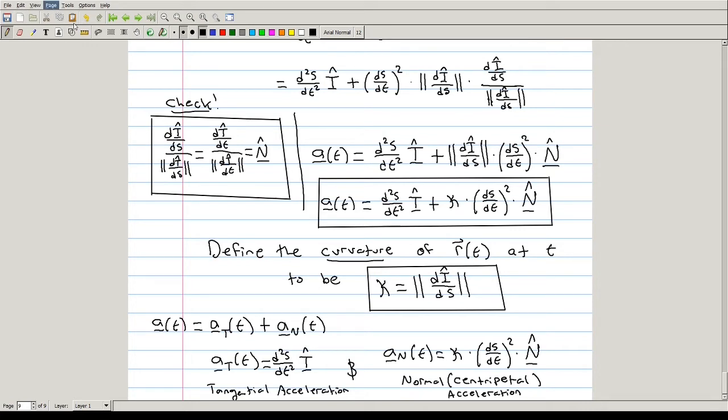We've also shown that this curvature function is a scalar function of the parameter value or of arc length along the curve.